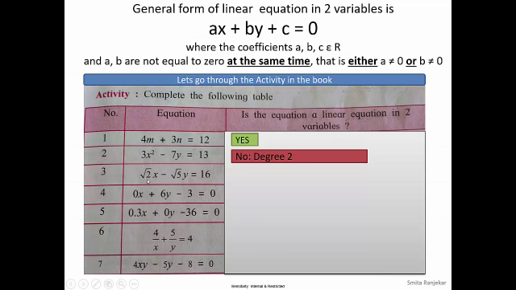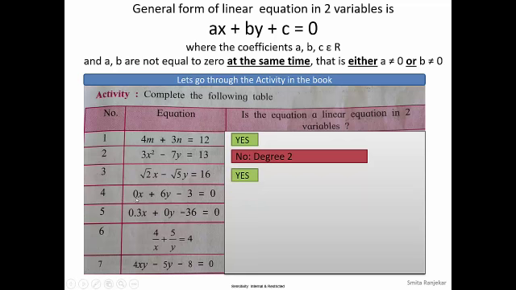Root 2x minus root 5y is equal to 16. Again, degree of x as well as y is equal to 1 and root 2, root 5 and 16 are members of the set of real numbers. That is why it is a linear equation in two variables.